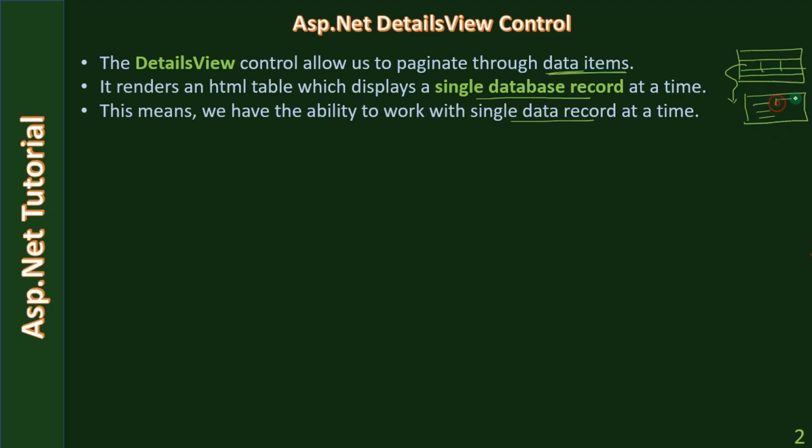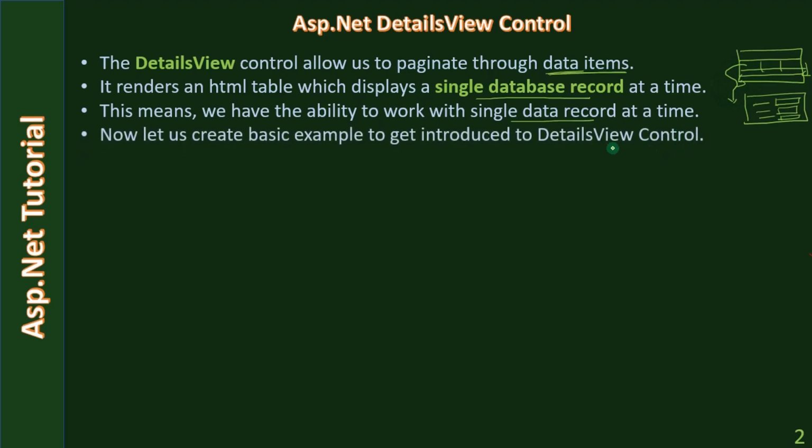Then we will have a single record displayed in a tabular format, and you can navigate between these records through the pagination. Now let's create a basic example to get introduced to DetailsView, and that will give you more of a picture about DetailsView and how it is organizing the records.